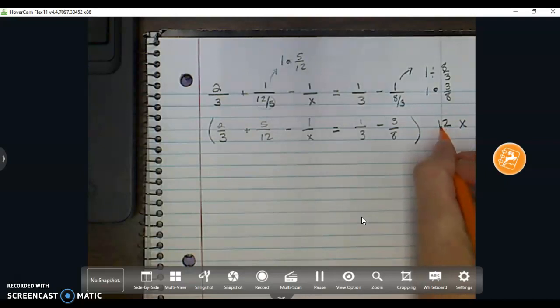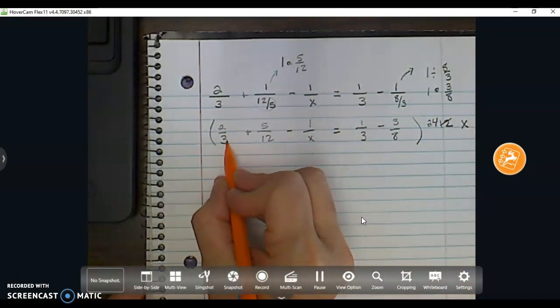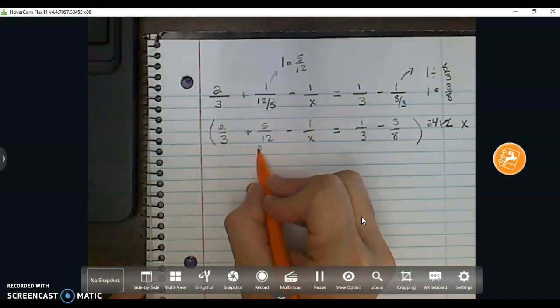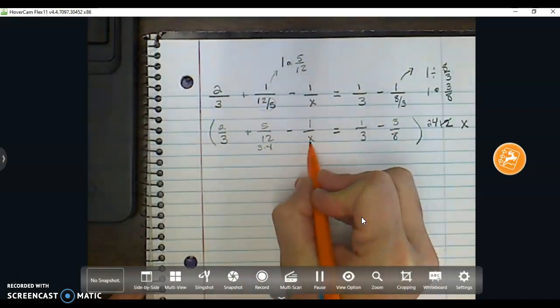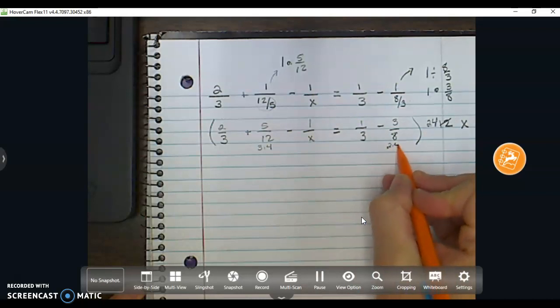It needs to be a multiple of 12 that 8 will divide into. So basically this will become 24. If you think about it in terms of factors, 3 is just 3. 12 is 3 times 4. x is just x. And 8 is 2 times 4.